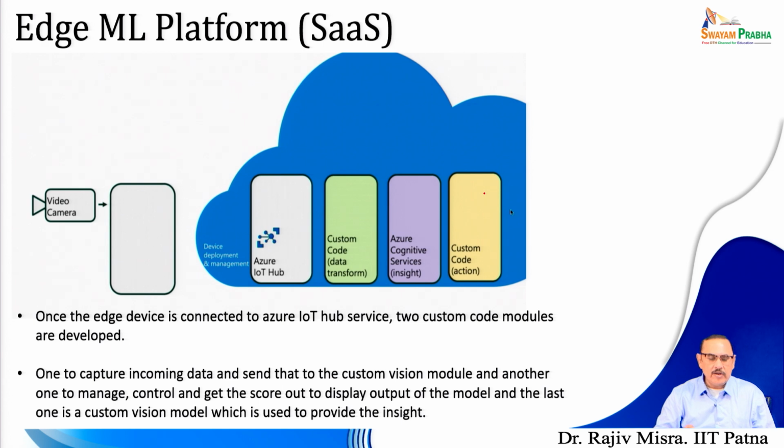Now, let us go into more detail about such a machine learning platform like Azure IoT Hub, and how it enables machine learning at the edge. This kind of service, which most cloud providers offer for deploying the machine learning model to run at the edge, that is, to do the inferencing at the edge, is often called a software as a service, or SaaS, platform.